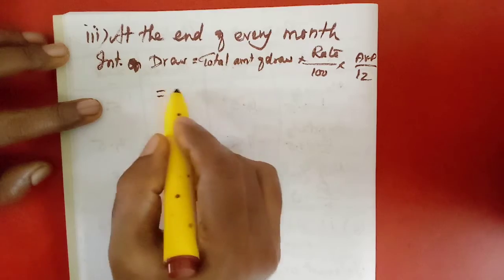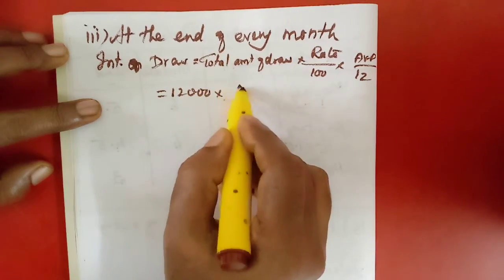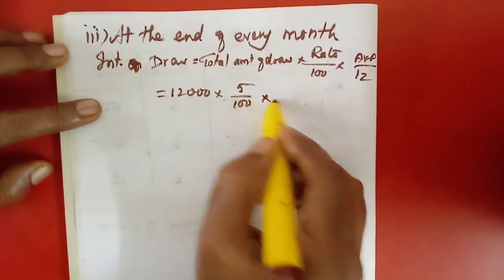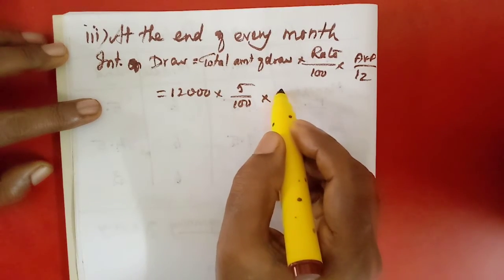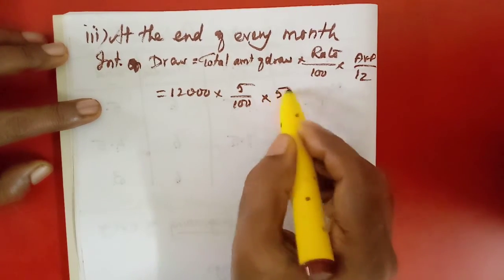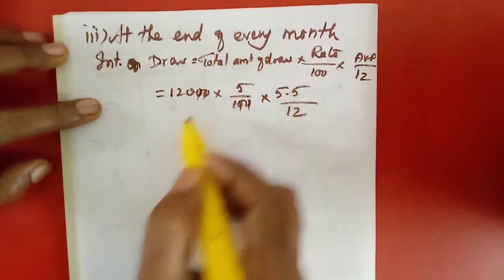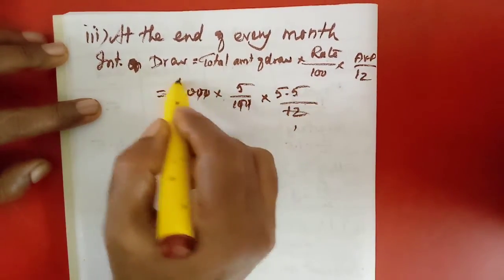Okay, total amount 12,000 into 5 by 100 into average period. Now 6 minus 0.5, so 5.5 by 12. Same calculation. Okay, 12, 1, 10.